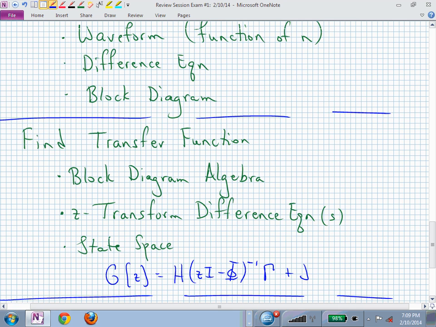This is a matrix J, which is typically 0 if we don't have a direct connection between the input and the output. And H is our measurement matrix. This is an expression that you should just have in your head throughout the rest of the semester and know how to use it. And that's also helpful in that dance around those 4 locations in that diagram above.